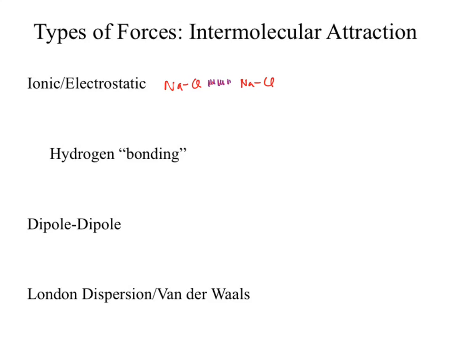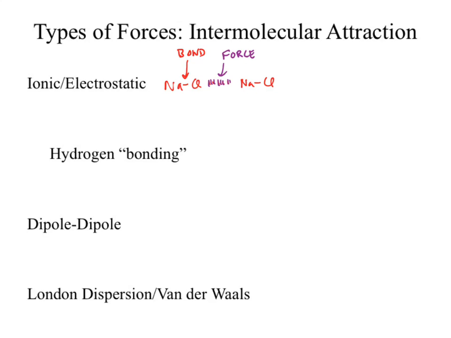So we can look at an ionic bond generating an ionic force. An ionic bond in the drawing that I've got shown here is what color? It's the red one. And our ionic force is our purple one.